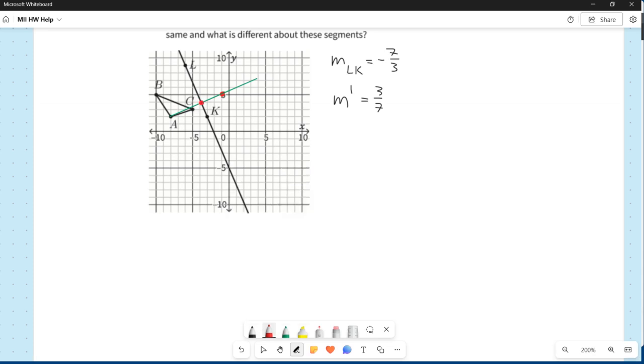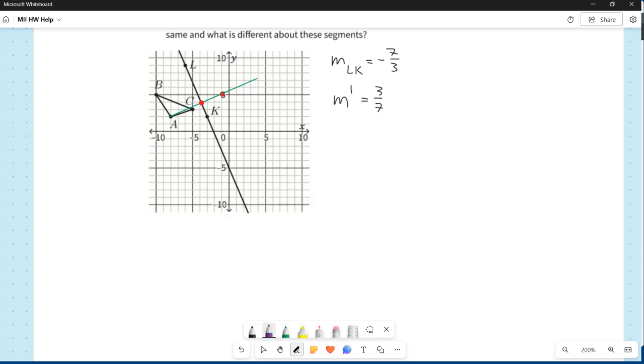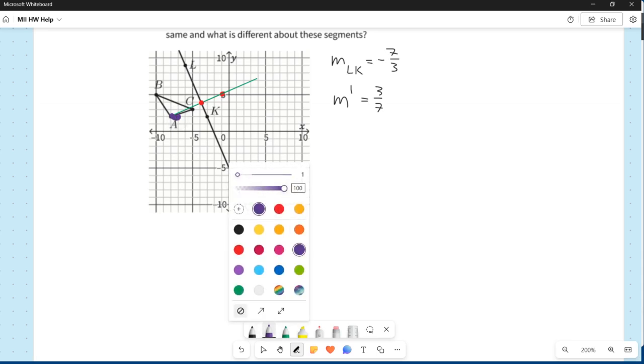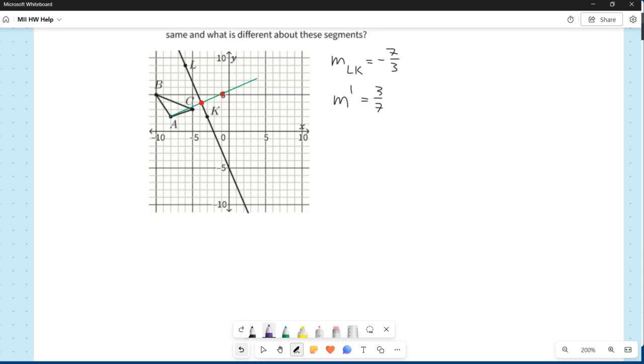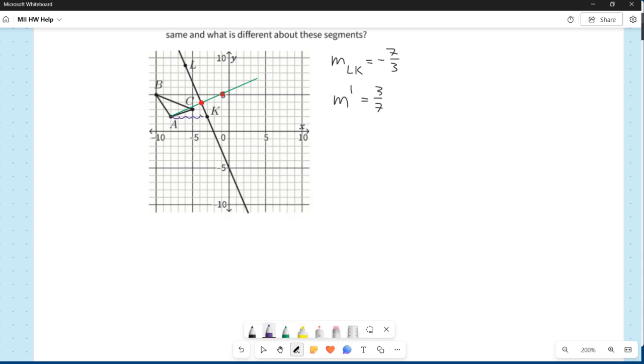I want to figure out how far I go from A to get to that point of intersection. From A, I'm going to go over one. Oops, of course, that's still on that. Okay, I'm going to go over 1, 2, 3, 4, and maybe some change, maybe a little bit more. It's hard to tell. And then I'm going to go up 1 and almost 2.